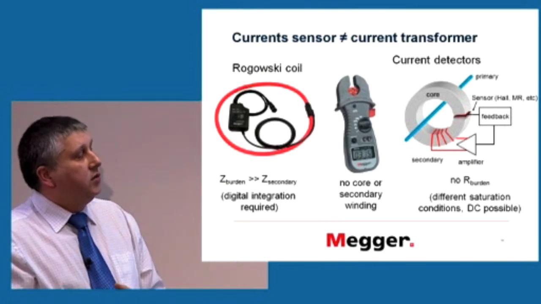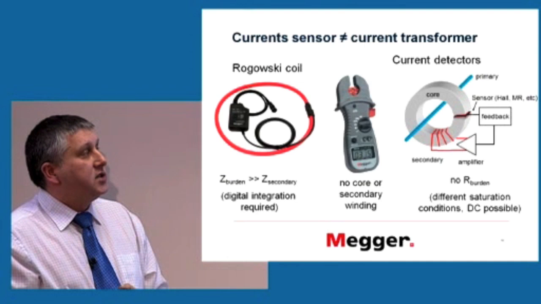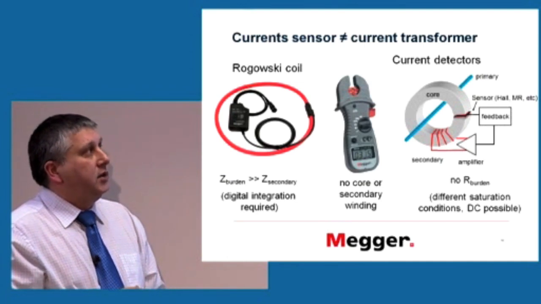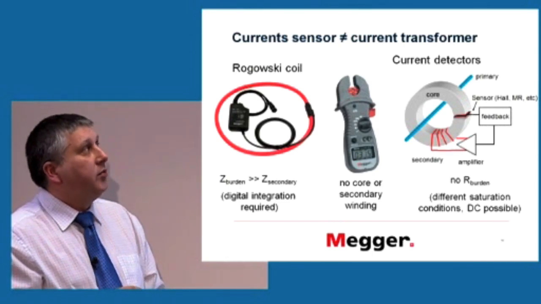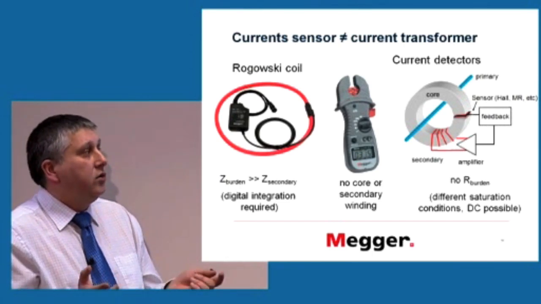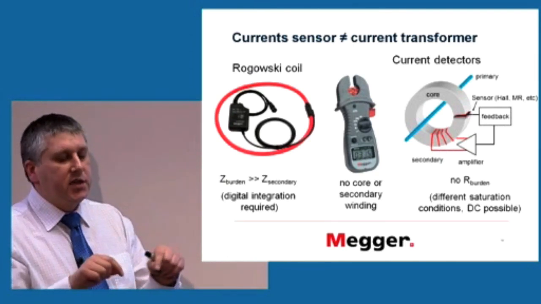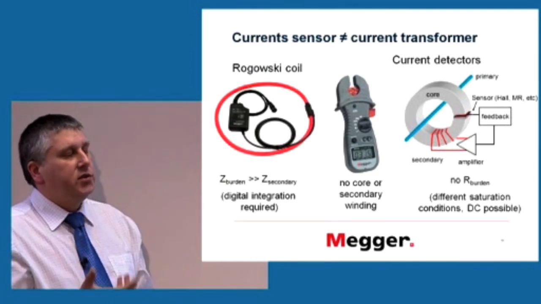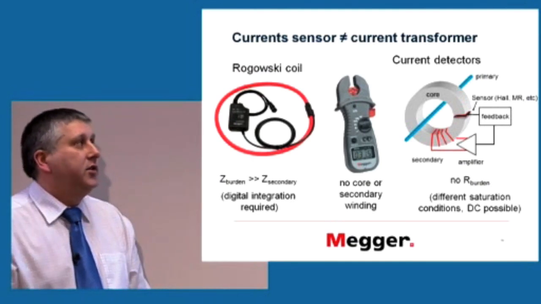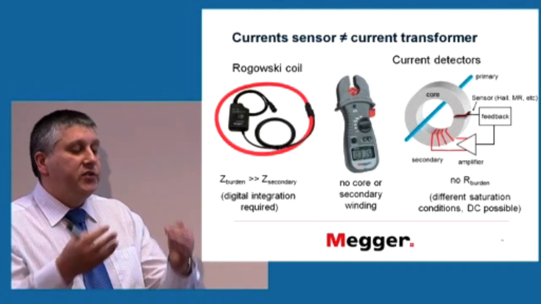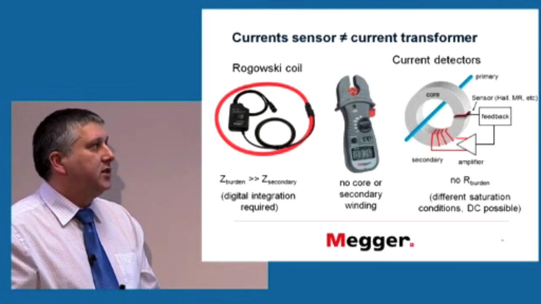The other one, the one in the middle, is a specific sort of current detector, and it measures currents quite precisely, but there is no core involved, no secondary winding. They're just sensors arranged around the conductor, not even clamped around a wire. It's just a number of sensors which process the information in a specific way.